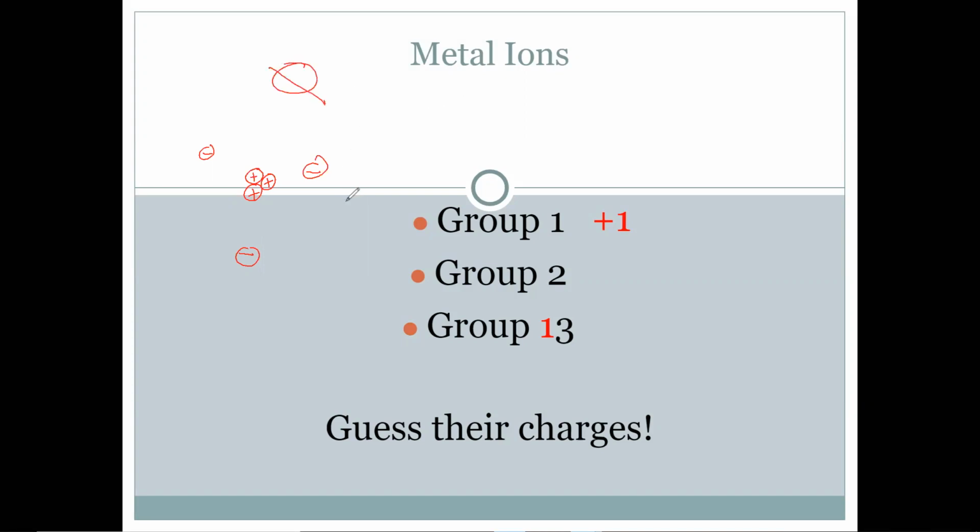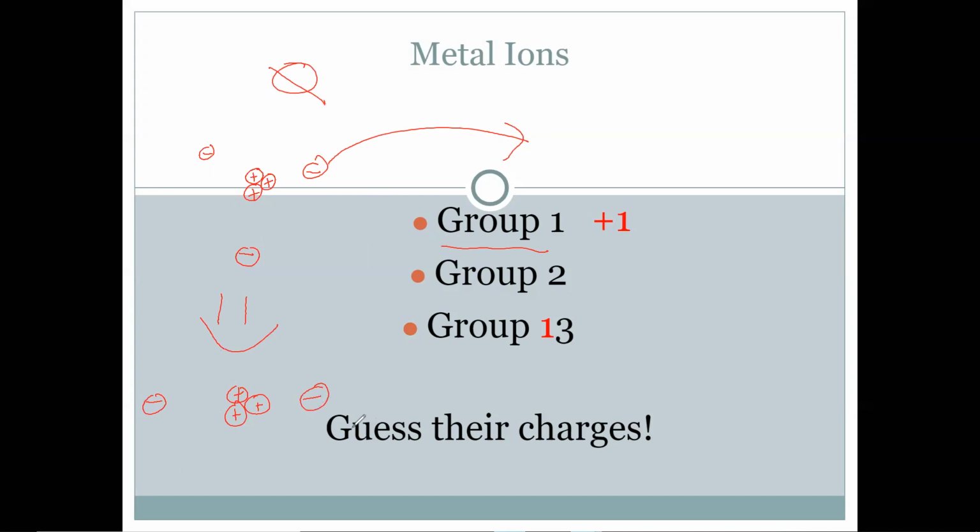But what happens when lithium, which is in group 1, by the way, ionizes? It loses 1 of these electrons. That electron goes away somewhere. The new form of lithium is still going to have 3 protons in its nucleus, but now it only has 2 electrons floating around it.